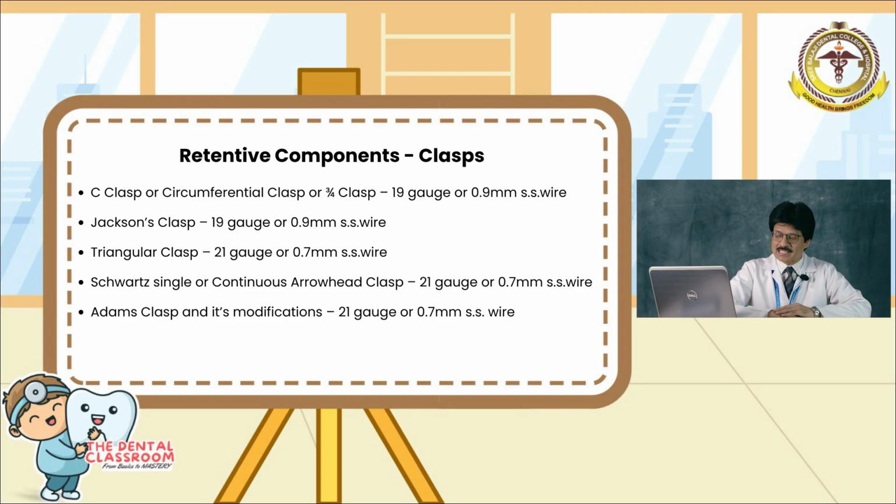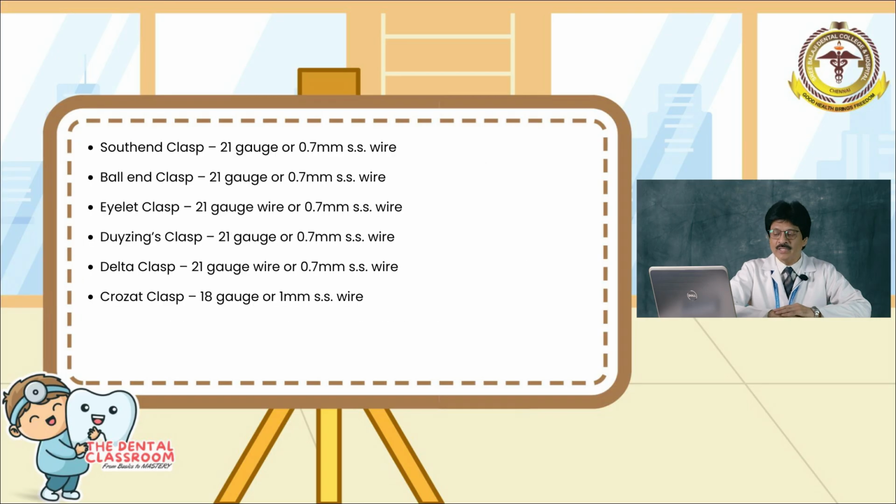The Adams clasp and its modifications is made up of 21 gauge or 0.7 millimeter stainless steel wire. The South End clasp is made up of 21 gauge or 0.7 millimeter stainless steel wire. The ball end clasp is made up of 21 gauge or 0.7 millimeter stainless steel wire.